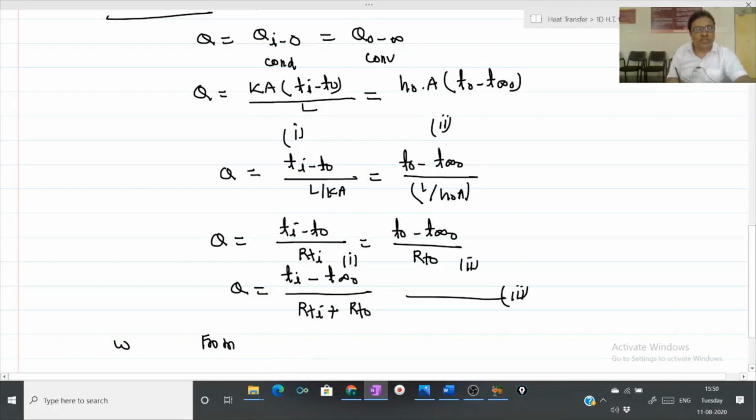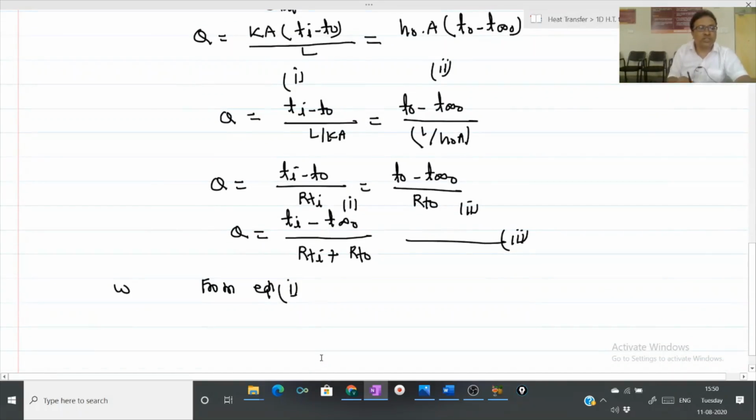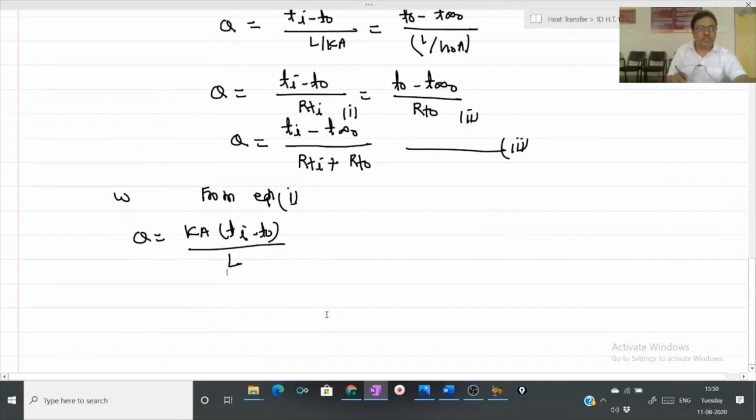Now from equation 1, let us recall equation 1 first. What is that? Q is equal to kA (Ti minus To) over L. Now in this expression, all the values are known to me. So I can easily calculate heat transfer rate.